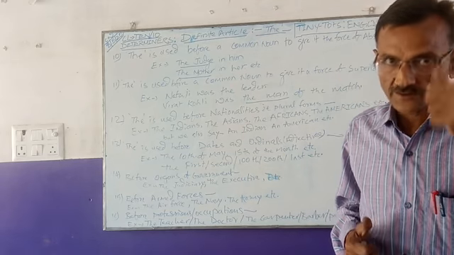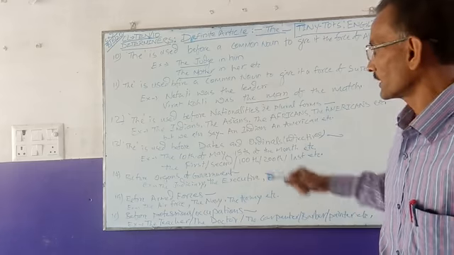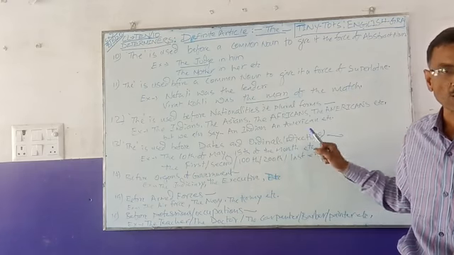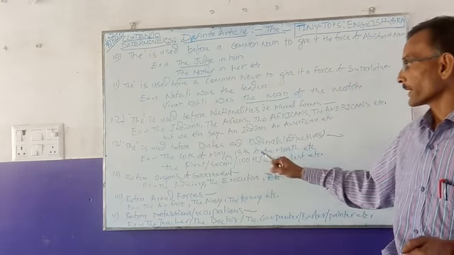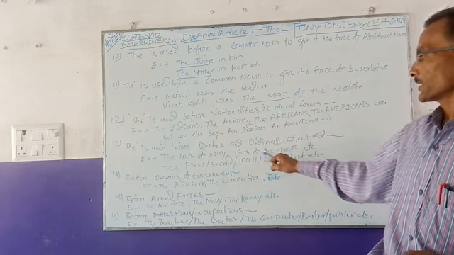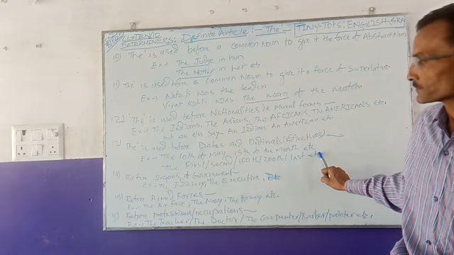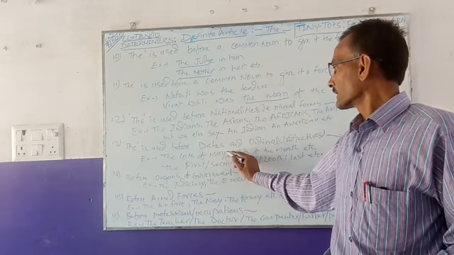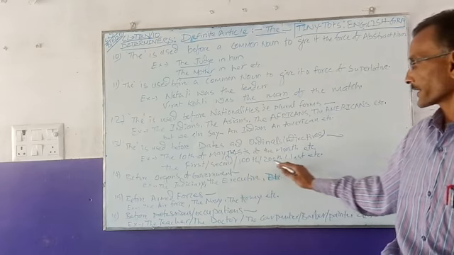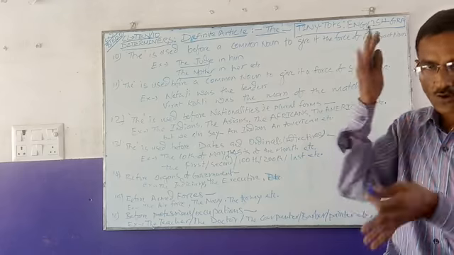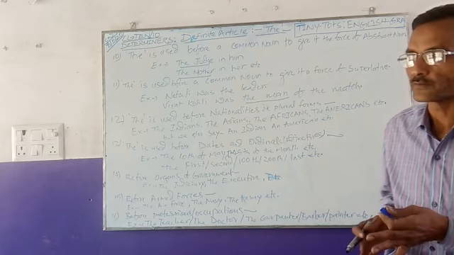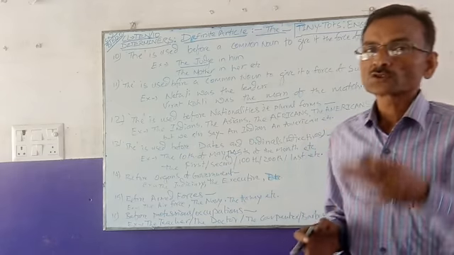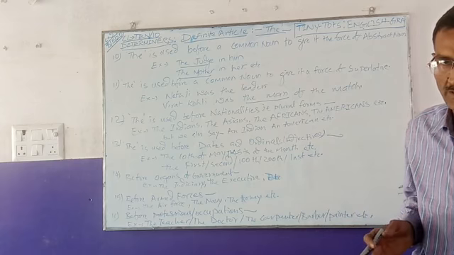These little things you should take care of. Also, the is used before dates and ordinals, like the 10th of May, the 15th of the month, the first, the second, the 100th, 200th. This is an ordinal adjective, so the is placed before those ordinals.